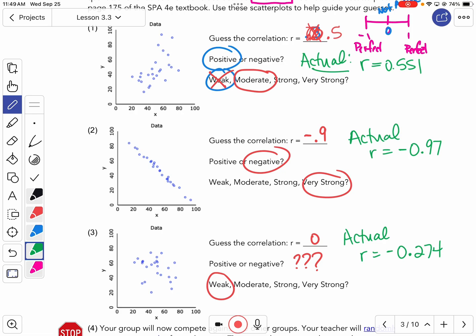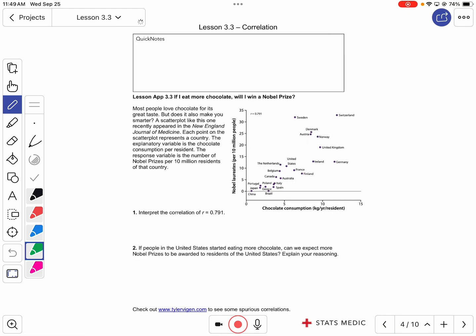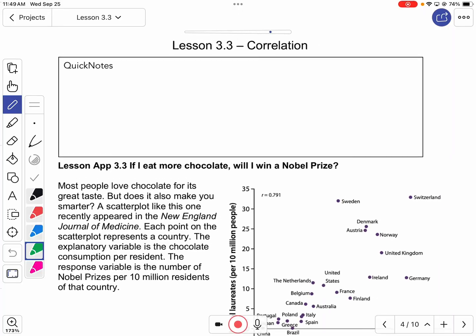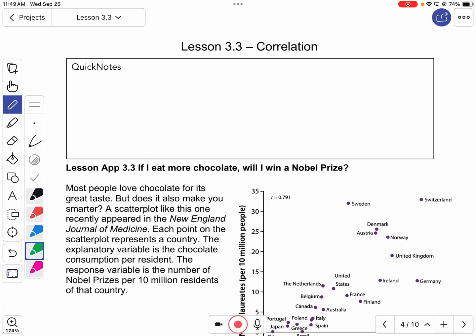Now, if you'll flip it on over to the back side, we're going to look through some examples and organize our thoughts on correlation. Tomorrow we'll do a little bit more with correlation, which should help us. So let's start here. Learning target 1 is just correlation. And I'm going to give you a chart here that I think will help you a little bit.